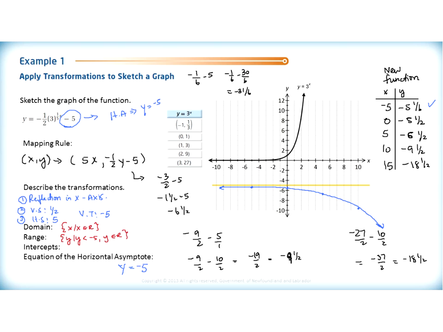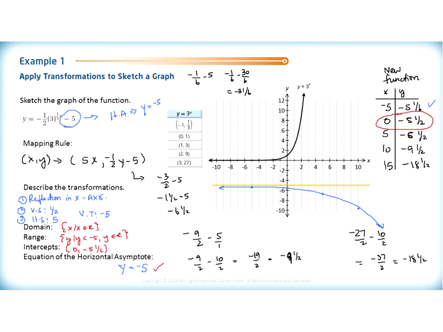Any intercepts that are occurring, you can see that there are no x-intercepts. The y-intercept, you can clearly see, occurs at 0 and negative 5.5 in my table of values here. 0 and negative 5.5 is my y-intercept. There are no x-intercepts, and the equation of the horizontal asymptote is the line y equals negative 5.